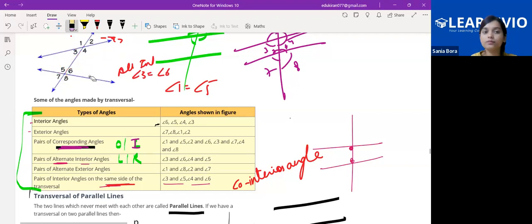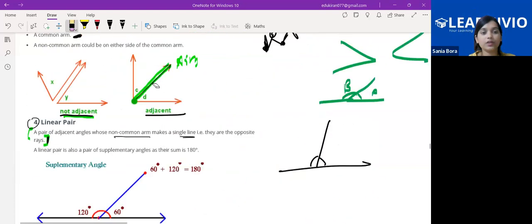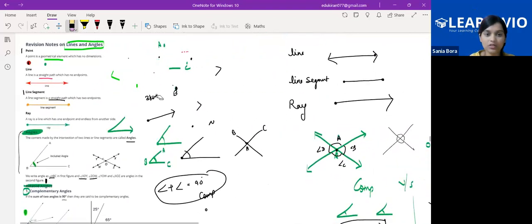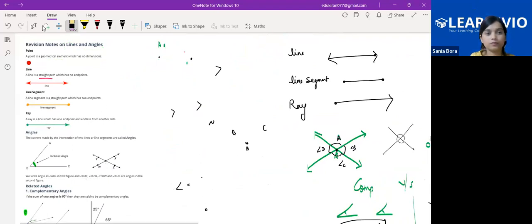Ma'am, so can you show me the notes if you don't mind? Sorry. Could you show me the notes? Yes, I'll show you the notes. You can start from here. So you can just quickly take the screenshot. Let me just erase all the stuff, so that you don't get confused. You can take the screenshot of this, then I'll scroll.